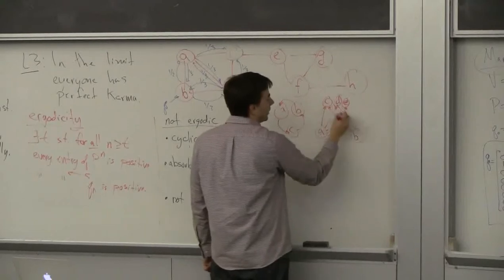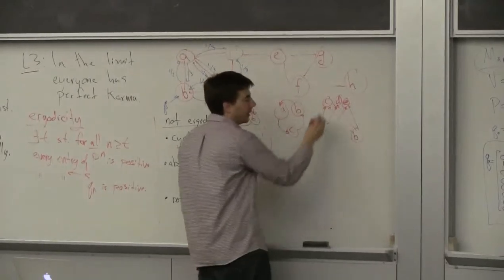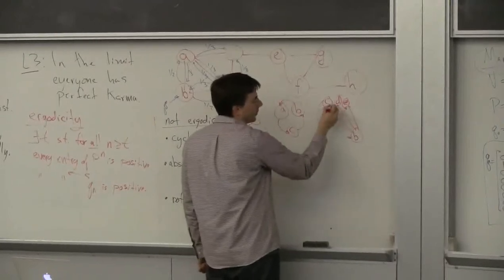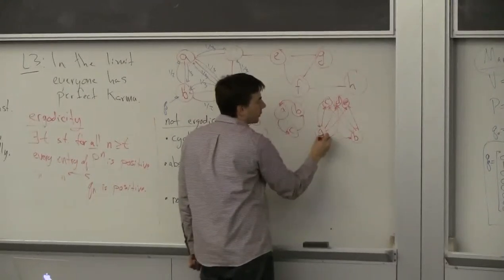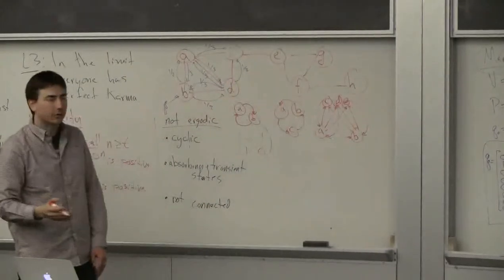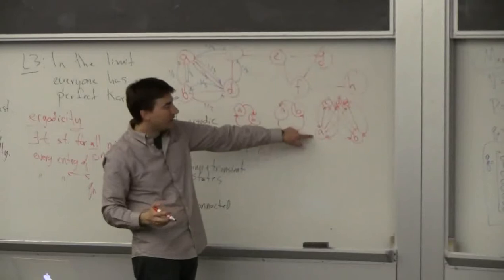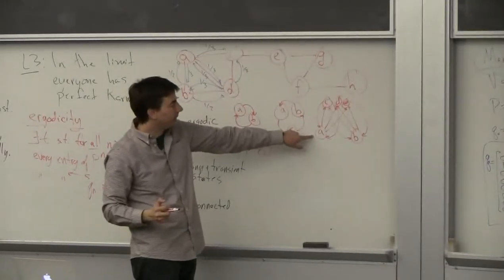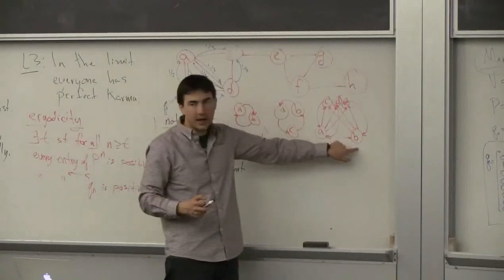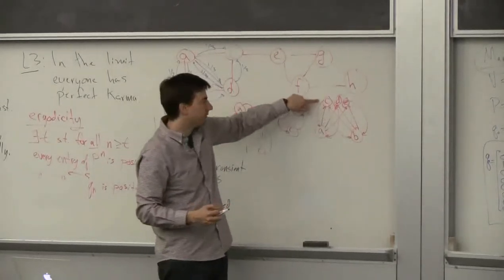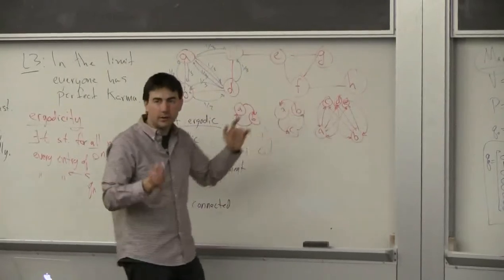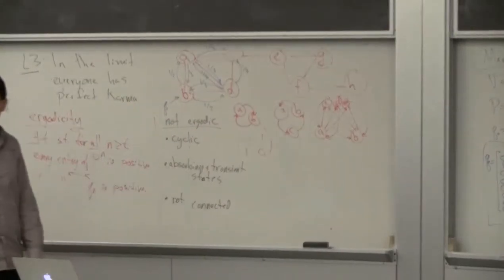B goes to one of these with 1/3 probability. C goes to A with 1/2 and B with 1/2. D always goes to A, and E always goes to B. This is also cyclic. If I start at A, I will only be in A or B on the even number steps, and only be in C, D, or E on the odd number steps. I cannot be in the others on every other step.